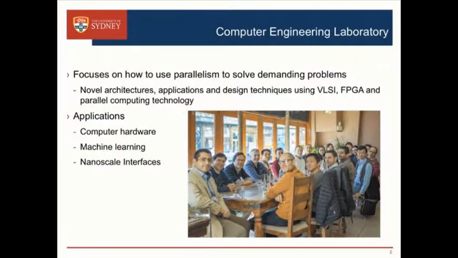Okay, well, thank you very much for this opportunity to discuss our research. But before I do that, I'll just introduce my lab. My lab's called the Computer Engineering Laboratory, and we focus on using parallelism to solve demanding problems.